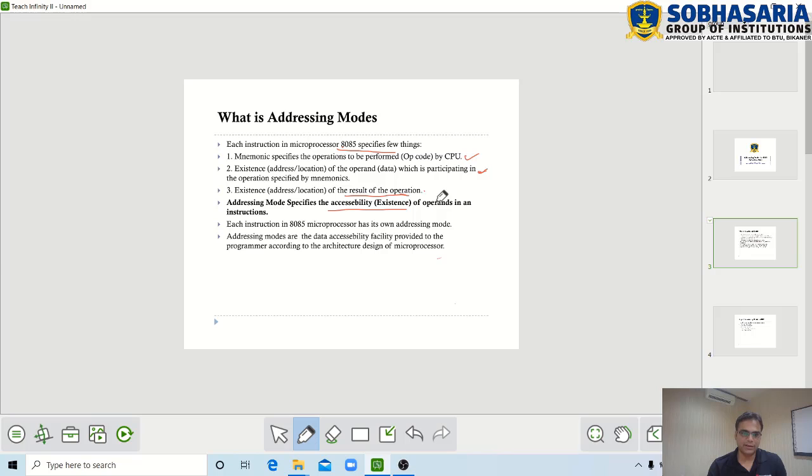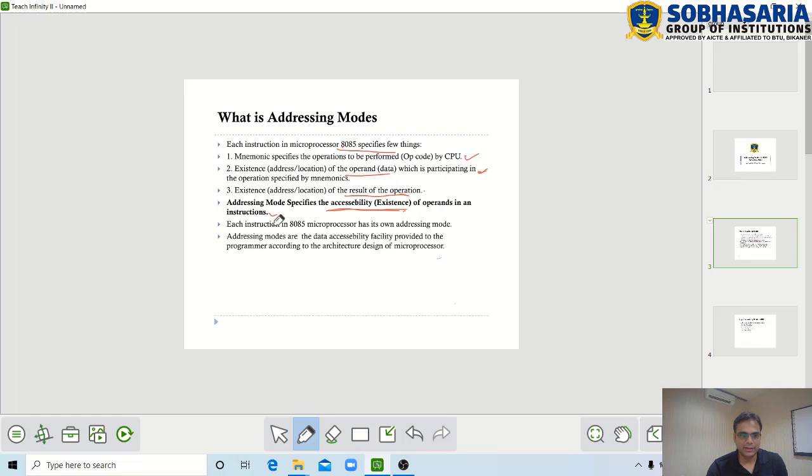Fetching or accessing the data is an effort to be made by the microprocessor. That is why it is important to know how the CPU is accessing this data which is going to participate in the operation, which is called the operand, right? So addressing mode specifies the accessibility or the existence of the operand or the data which is going to participate in an operation specified by the instruction.